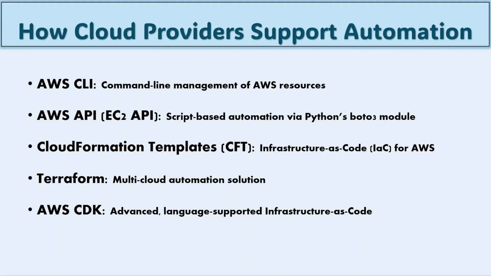And the last tool is AWS Cloud Development Kit. This CDK allows you to define infrastructure using high-level programming languages like Python, JavaScript, or Java. Do not worry, for now just get familiar with these terms. In our future classes, we'll be discussing each tool in detail, and we will also have a hands-on on how to connect with our AWS and how to automate it.